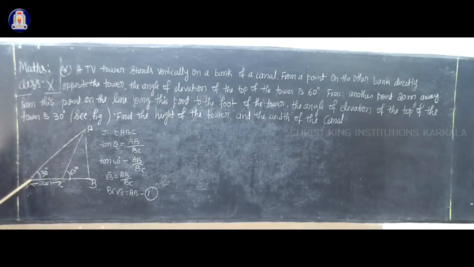One more point D, which is 20 meter away from this point. The angle of elevation to the top of the tower is 30 degree.